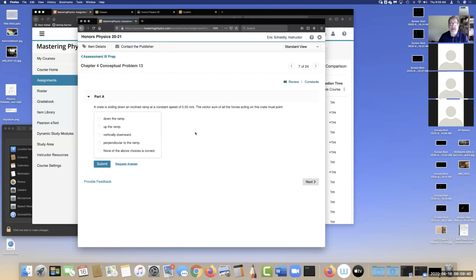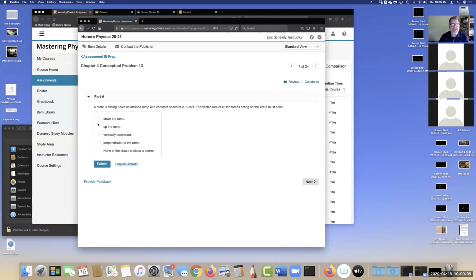A crate is sliding down an inclined ramp at a speed of 0.55 meters per second. Here's the thing: you have to watch out for this in physics questions, because constant speed means zero acceleration. And that changes the character of a problem very often. So it's going down at a constant speed, so the sum of all forces must be equal to zero.